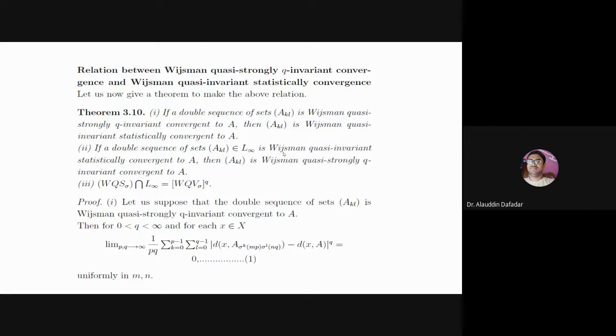If A_kl is Wijsman quasi-invariant statistically convergent to A, then A_kl is Wijsman quasi strongly q-invariant convergent to A. If we take these two results, then WS_σ intersection L infinity, where WS_σ is the set of all Wijsman quasi-invariant statistically convergent sequences, intersection our space L infinity, is equal to WQV, the Wijsman quasi strongly q-invariant convergent sequences, and these two spaces are equal.